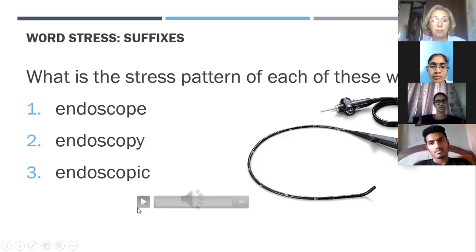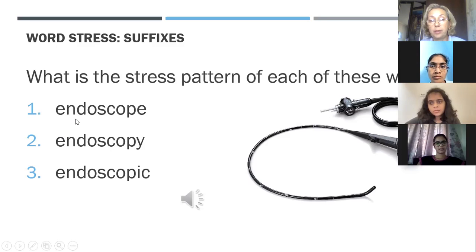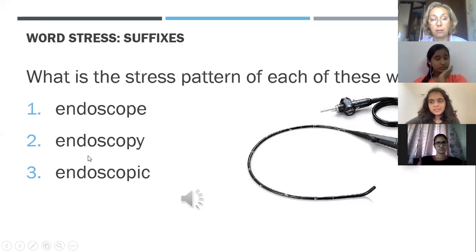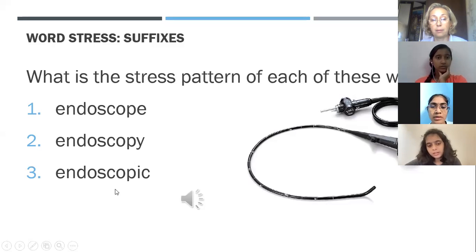In the first word, endoscope, it's on the first syllable. Endoscopy, which syllable is stressed? The second. And endoscopic, the third syllable is stressed. So you see the stress moves depending on the part of speech.